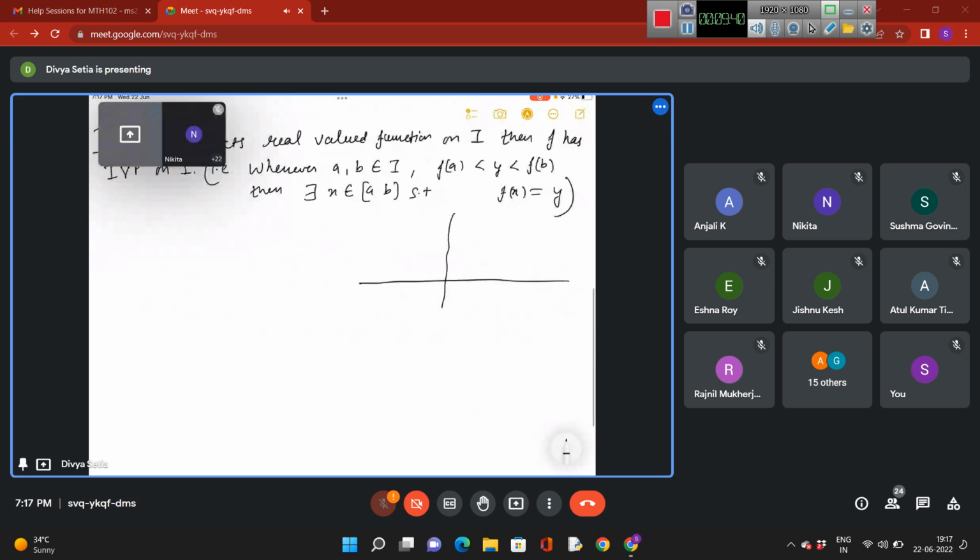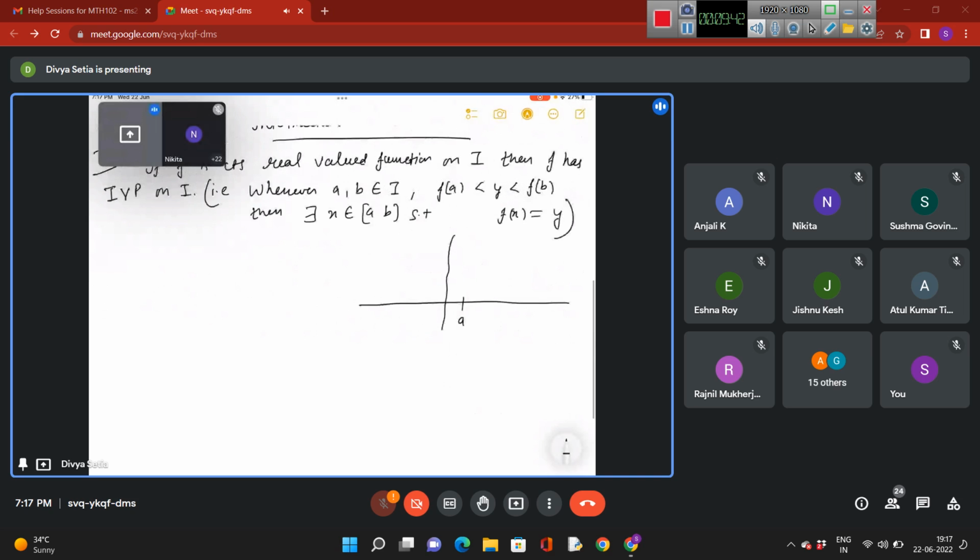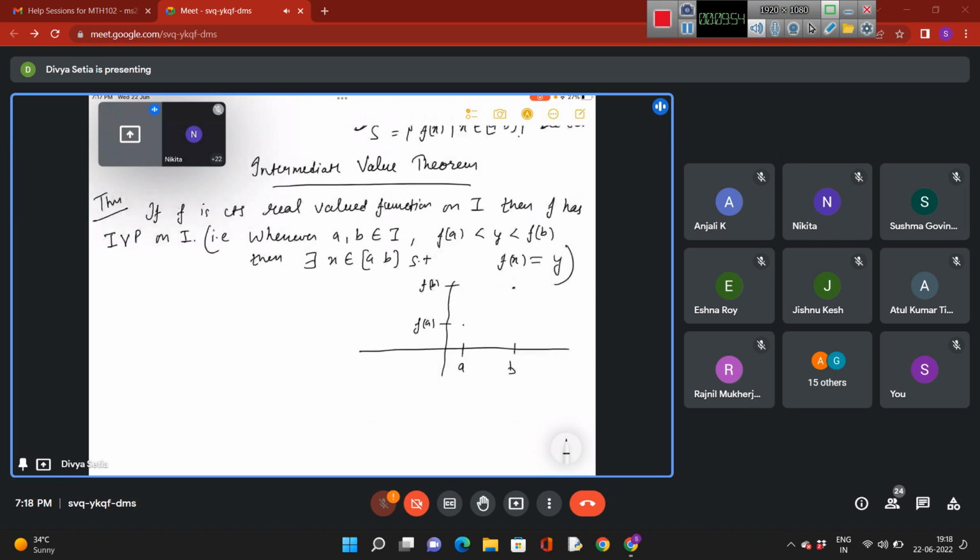So by graph, it means suppose this is your a, this is your b, and this is your functional value f of a, and suppose this is your functional value f of b. Now this intermediate value property says that if f is a continuous function, then everything which is lying between f of a and f of b should have some pre-image.